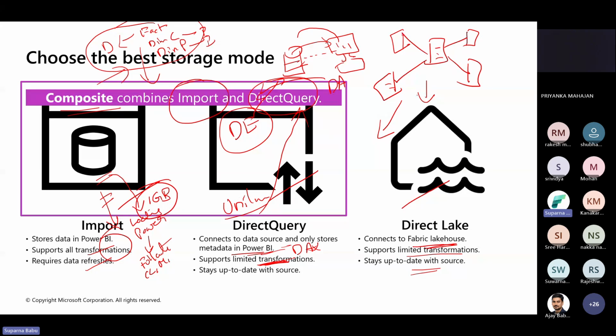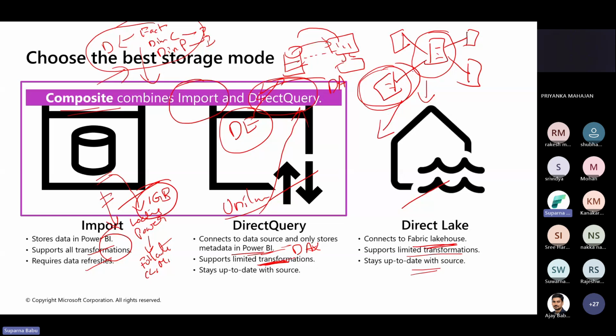At that time, based on the processing data volume, let's say this dimension's processing data volume is low, then it will automatically fall into import mode. Then again, this one will be in direct query mode. So based on the processing data, it automatically adjusts between import mode and direct query mode.